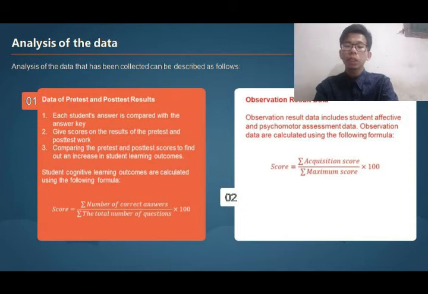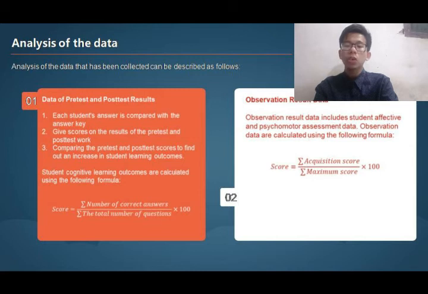The first is data of pre-test and post-test results. Here are three steps in the data of pre-test and post-test results. The first is each student's answer is compared with the answer key.